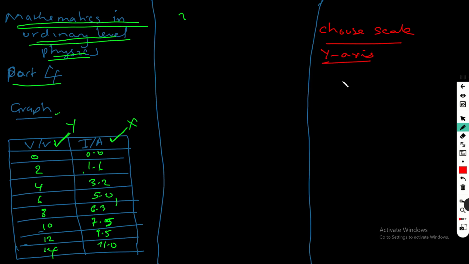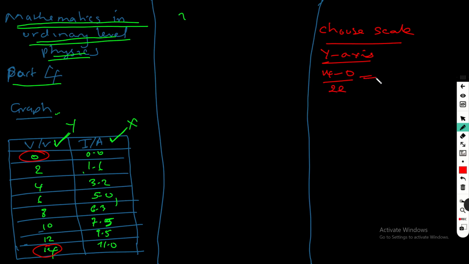You take the highest value minus the smallest. So you have 14 minus 0, divided by 22, because you have 22 boxes on the y-axis. That's what we have on your graph paper, so you divide by 22.